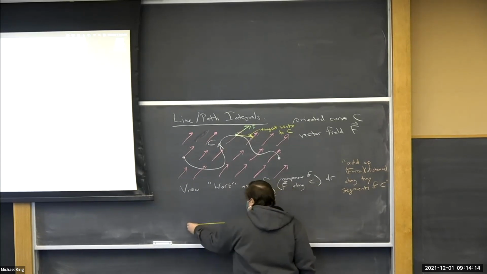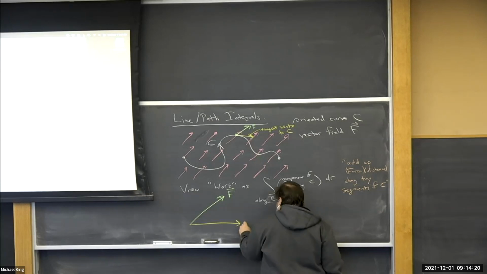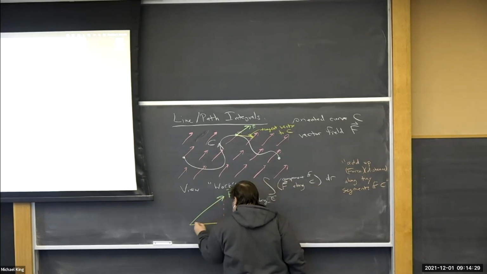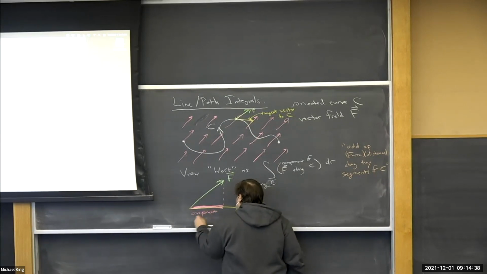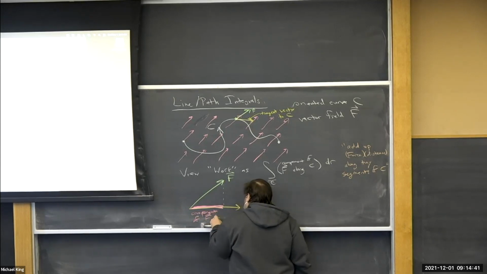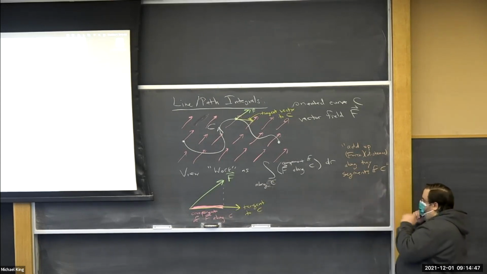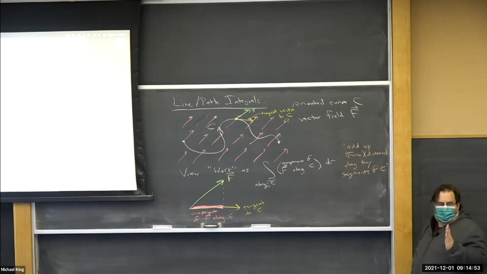Here's your F. Here's your tangent vector to C. And so the component of F along C is this right here. Does that make sense? When you apply a force to an object moving along a certain path, the component perpendicular to the path is lost. The component along the path is what is kept.